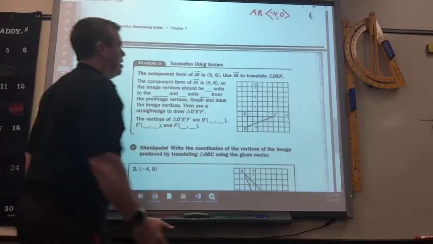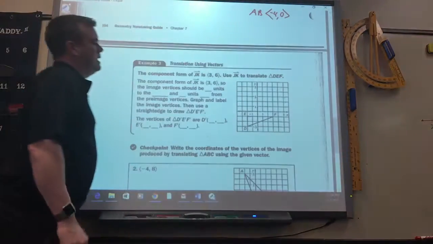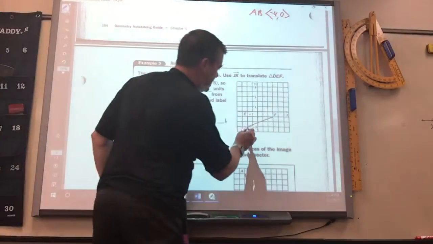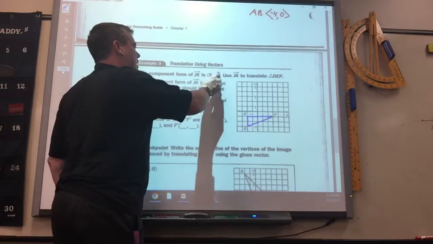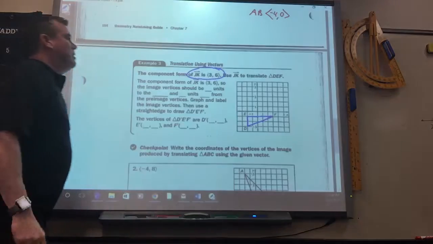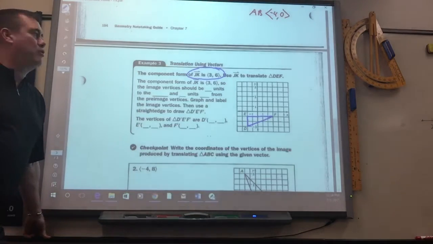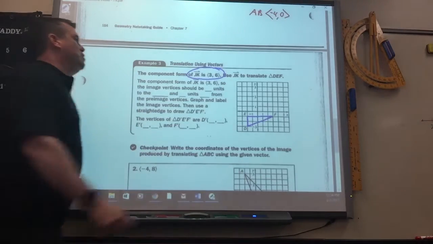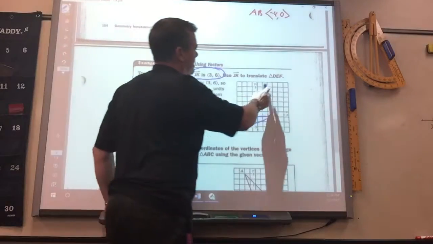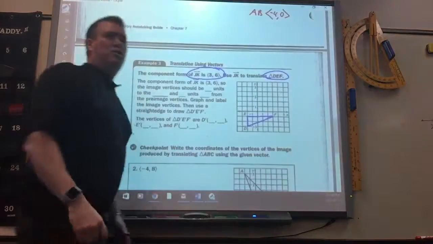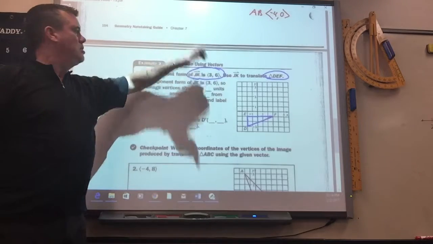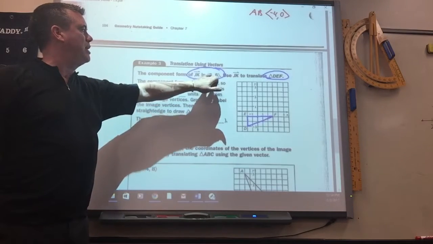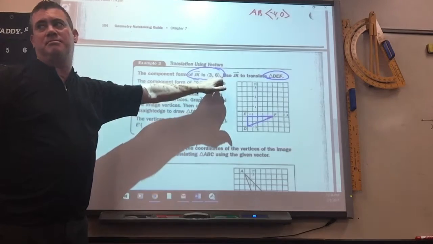Okay, so here we've got this triangle EDF or EFD. They give us the component form, 3, 6, so we're going to use this vector JK to translate this. It's doing the same exact thing, it's just written this way instead of the other way. So all this means is move all the points right 3 and up 6. Okay?